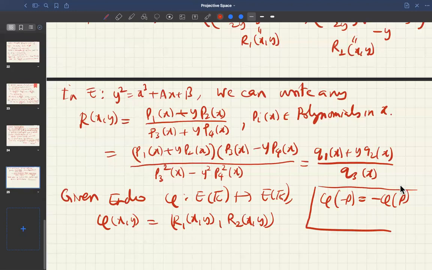So phi of (x, minus y) is going to be (R1 of (x, minus y), R2 of (x, minus y)).